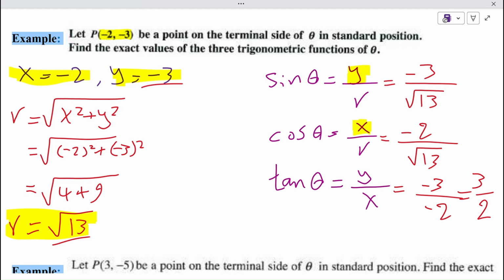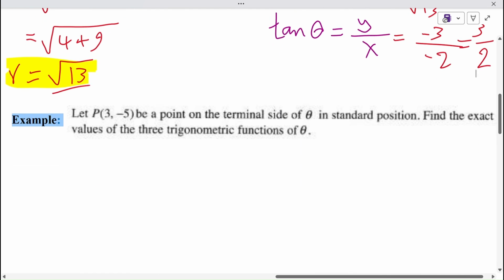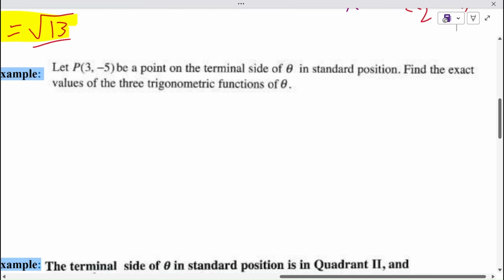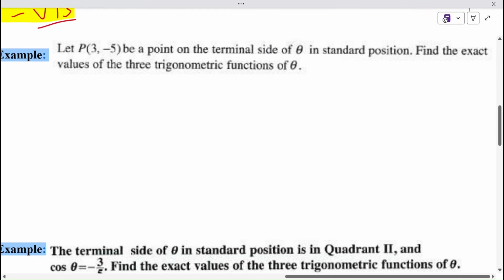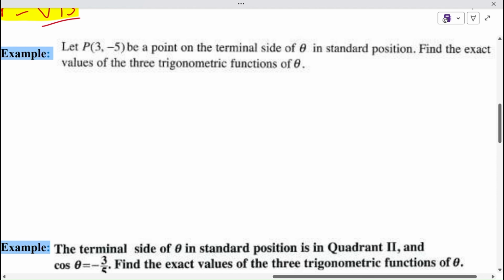Now let's solve another question of this kind. Look here. In this question, again, the question gave us x and y, and again the question says find the exact value of the three trigonometric functions. At first, x is equal to 3 and y is equal to -5.